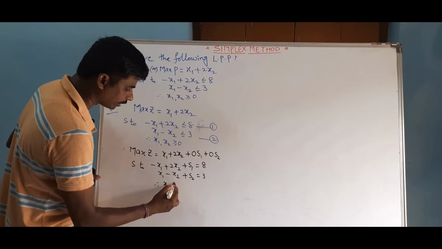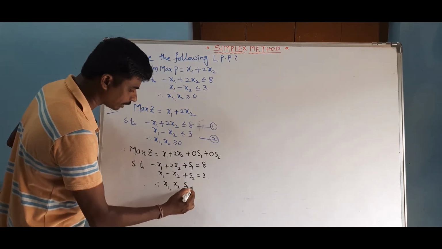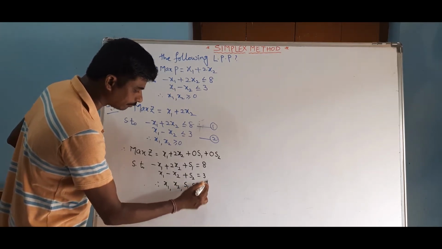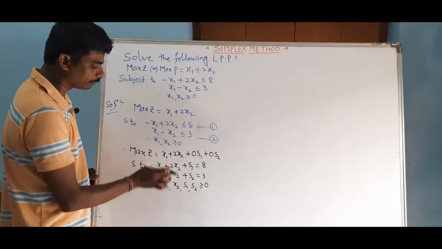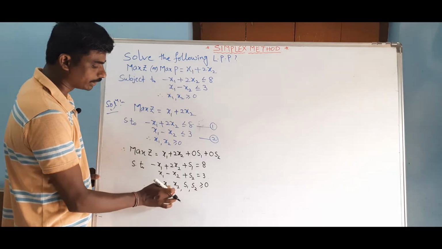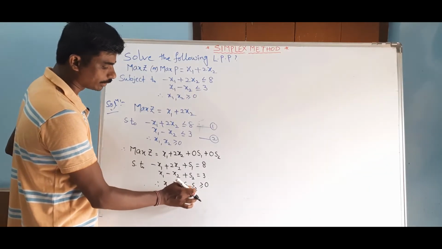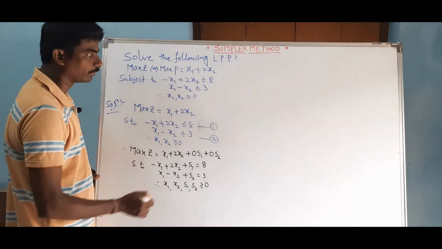Therefore, x1, x2, s1, s2 greater than or equal to 0. This is the standard form. This is our objective function. These are the decision variables here: x1, x2, s1, s2 greater than or equal to 0.